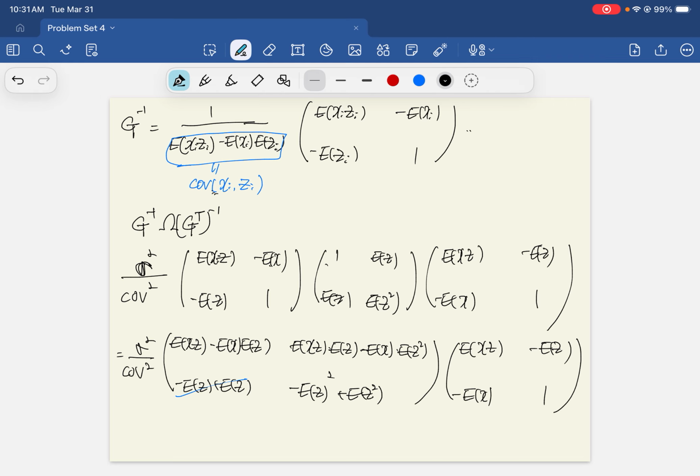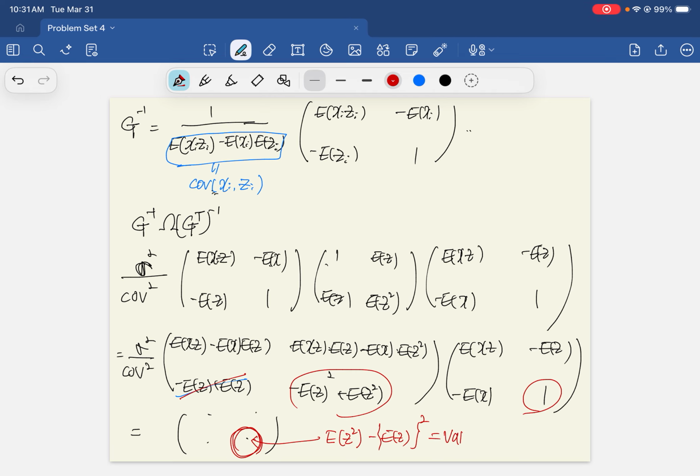Now then, one more calculation. By the way, we are interested only in the variance of beta. So the result of this algebra will be a 2 by 2 matrix, but we are interested only in this guy. Okay, that is pretty simple. This is 0, so we can just multiply this to this. So this part will be expectation z squared minus expectation z squared.